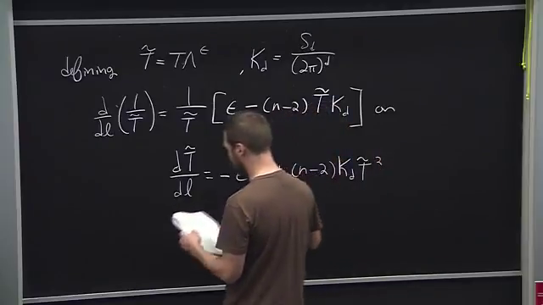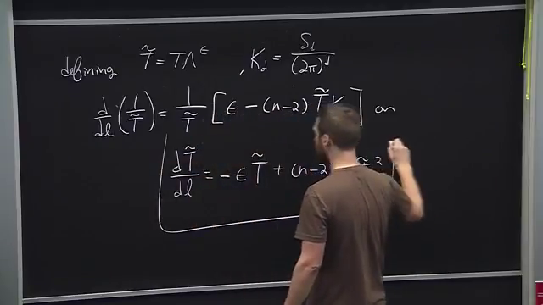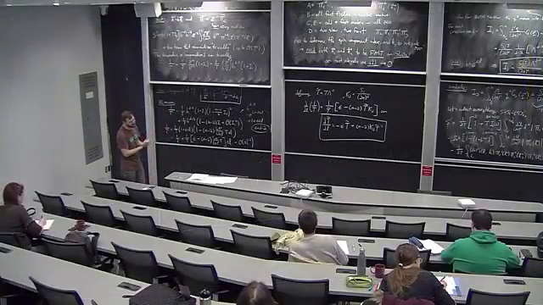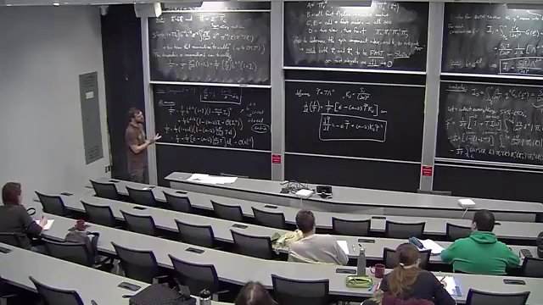Okay, we'll talk about this next time, but that's the recursion relation. That should be the RG flow equation for the nonlinear sigma model.